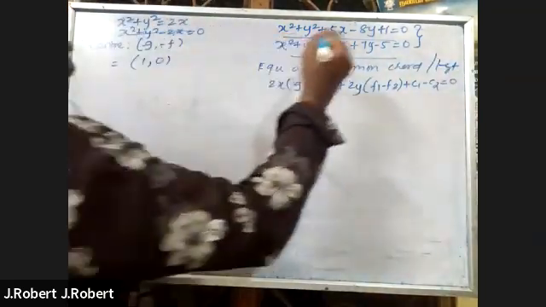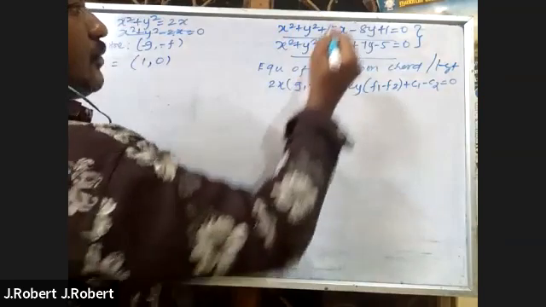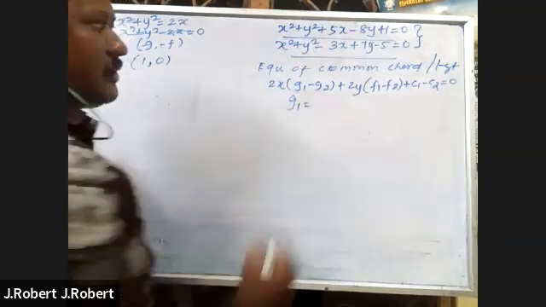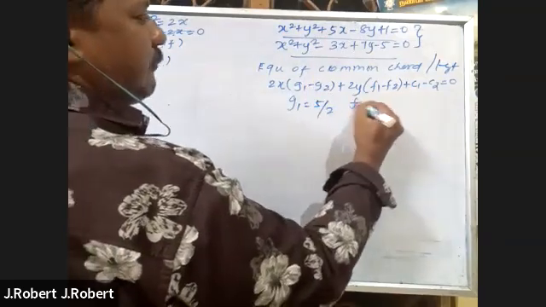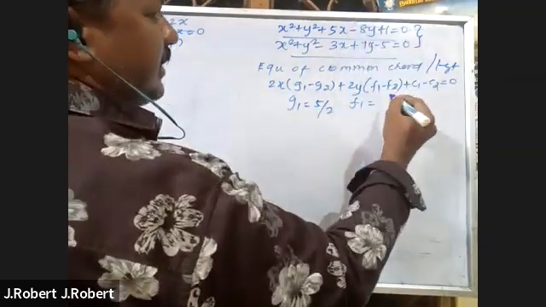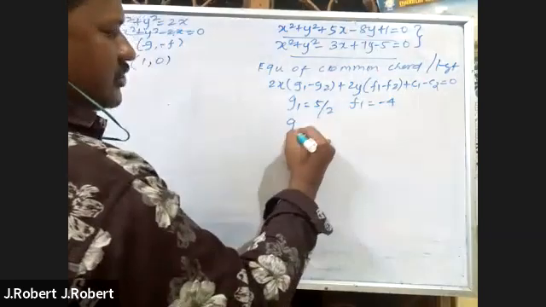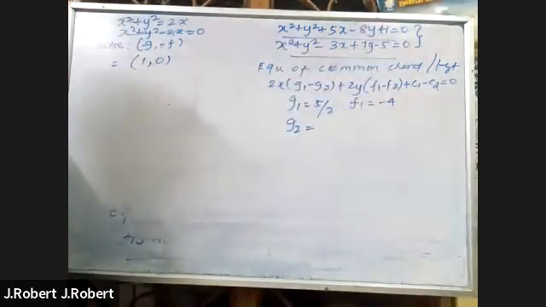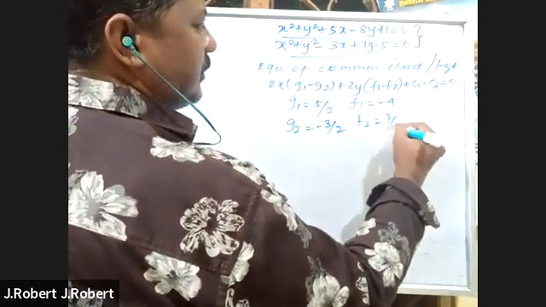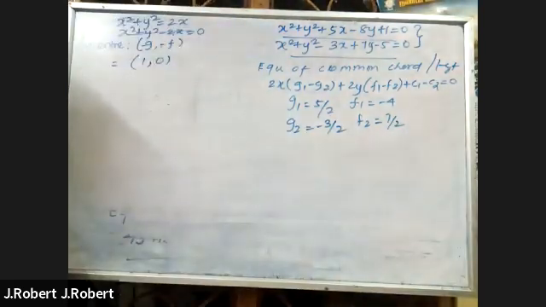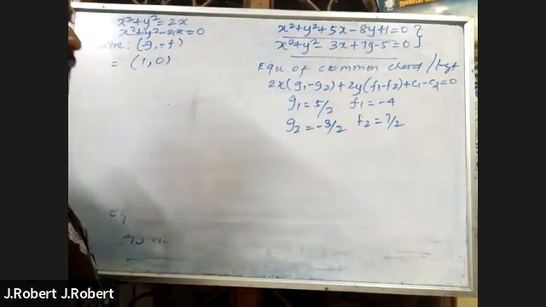From the first equation, g1 is 5/2 and f1 is minus 8 divided by 2, which is minus 4. In the second circle, g2 is minus 3/2 and f2 is 7/2.